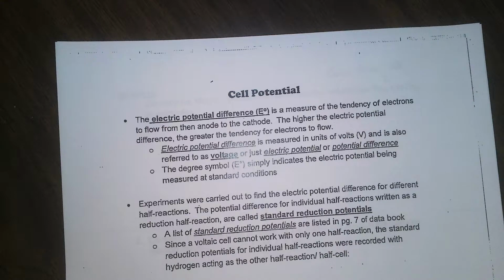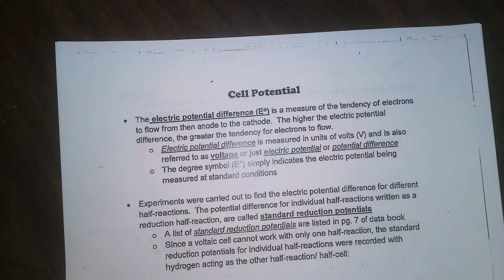All right. The numbers on the side, we haven't looked at them to this point, but they have an importance. The electric potential difference is the measure of the ability of the electrons to flow from the anode to the cathode.